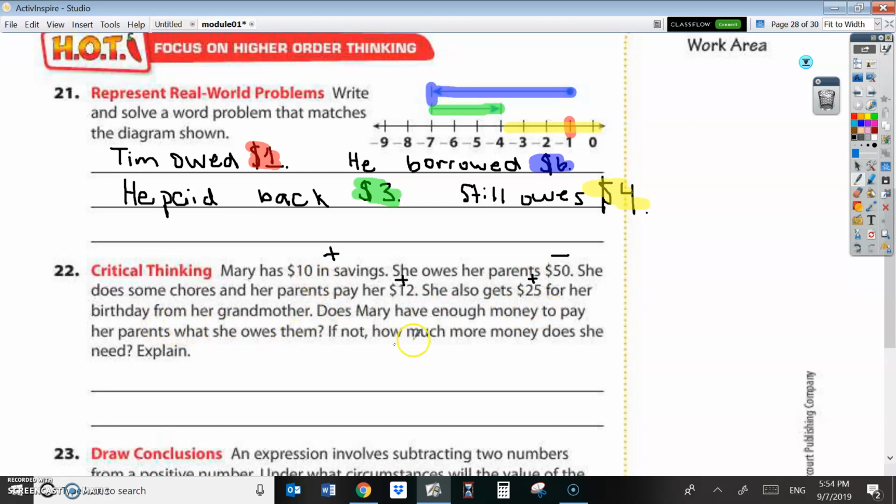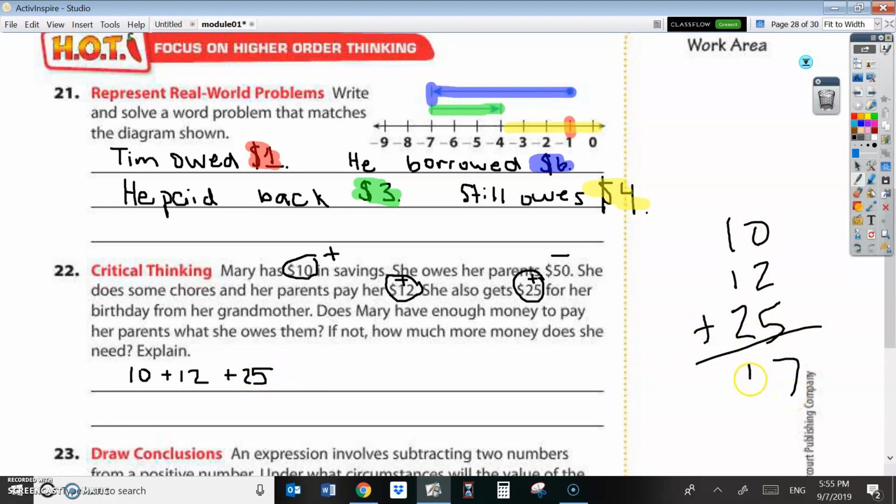Well, let's put things together here. I'm going to combine all my positives. 10. Got that one. 12. Got that one. And 25. I'll put that one in next. So 10 plus 12 plus 25.